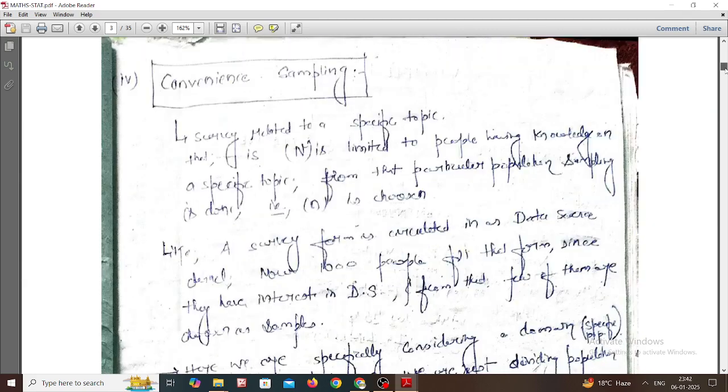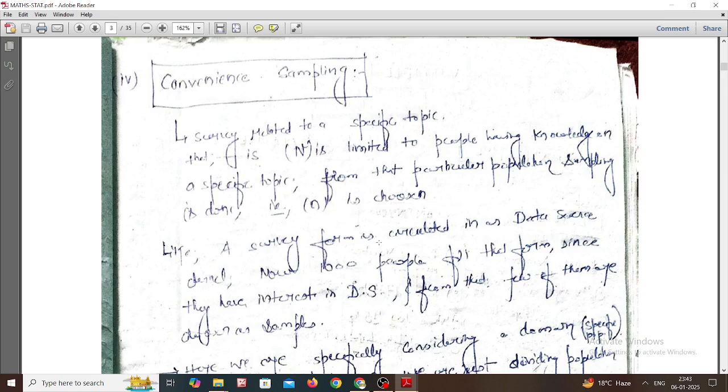And then moving on is convenience sampling. What happens? It might be dealing with specific topics, where N is limited to people having knowledge in a specific topic, and sampling is done from that particular population.